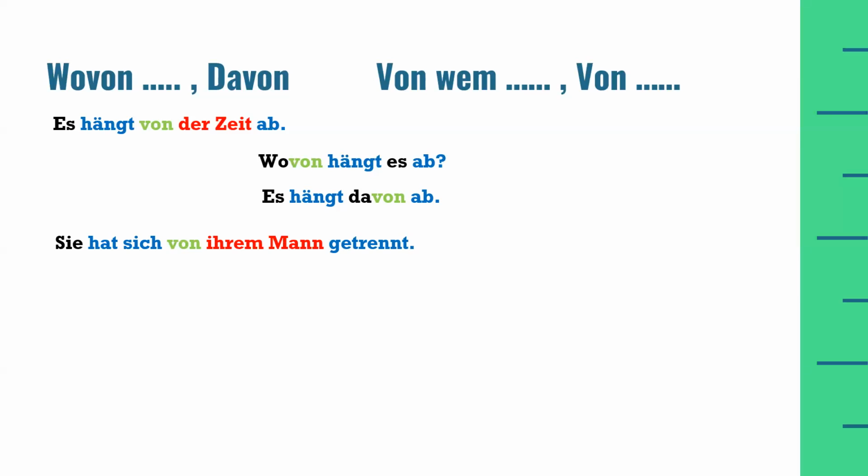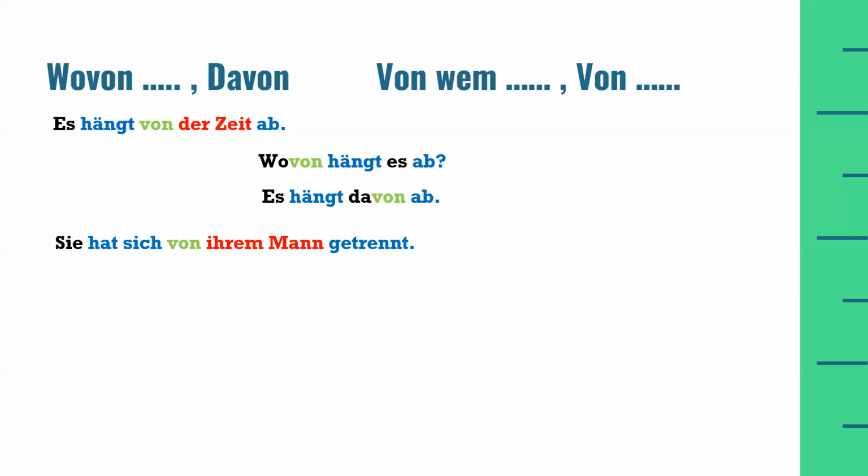Sie hat sich von ihrem Mann getrennt. She has separated from her husband. Now, von is a dative preposition, therefore we have to use the dative ending for the possessive pronoun ihrem, for a masculine noun Mann, and since it is a perfect tense, therefore we have to use the participle zwei form of the verb, which will be used at the last position of the sentence.